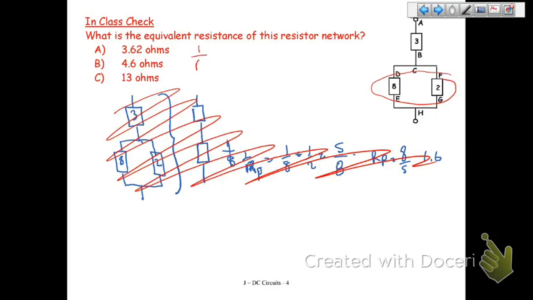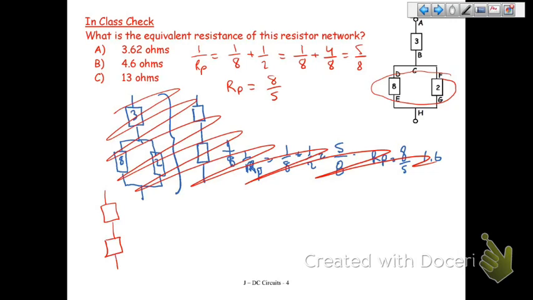So 1 over RP is equal to 1 over 8 plus 1 over 2, which equals 1 over 8 plus 4 over 8, which equals 5 over 8. So RP is equal to 8 over 5. And then I go down here and, oh, I'm sorry, I just slipped into the European way of doing these things.